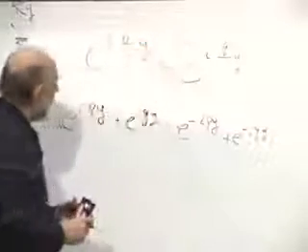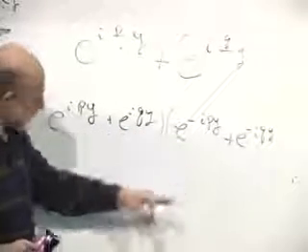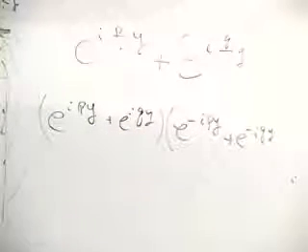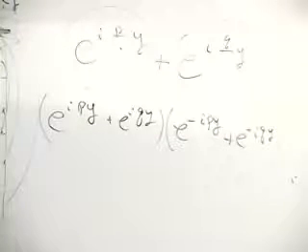What have I done? I've taken the wave function and multiplied it by its complex conjugate. Okay? If I only had one of these, then the probability would be uniform along the y-axis, either one. But now I have both of them.